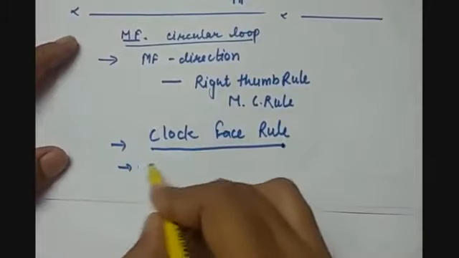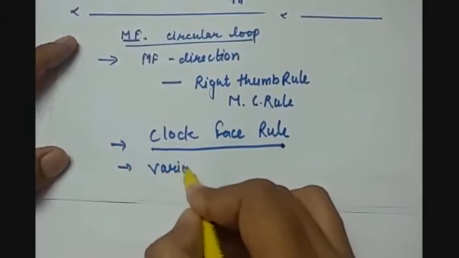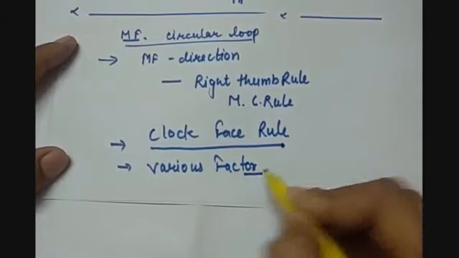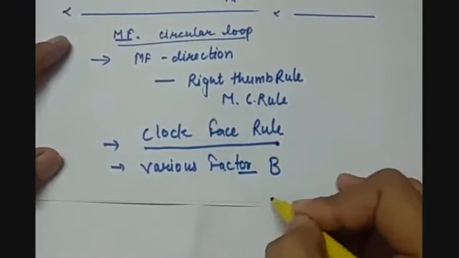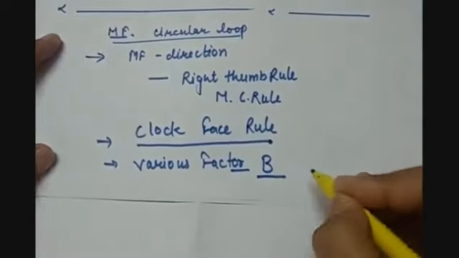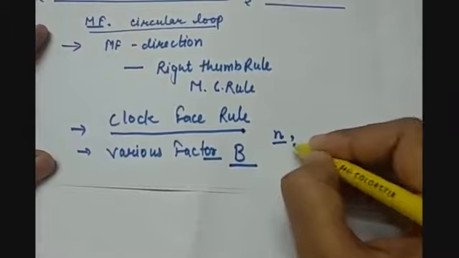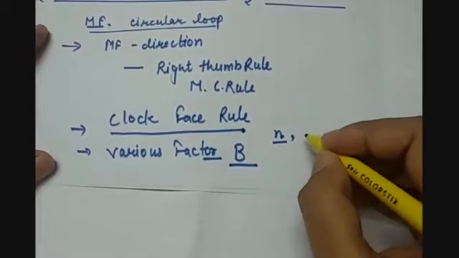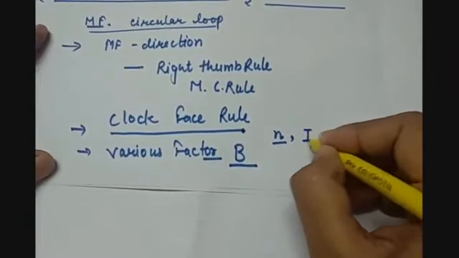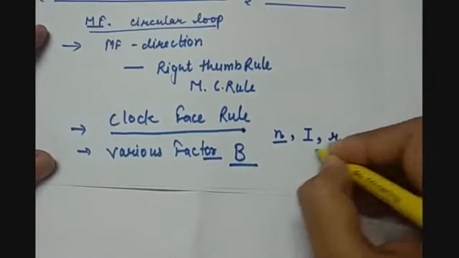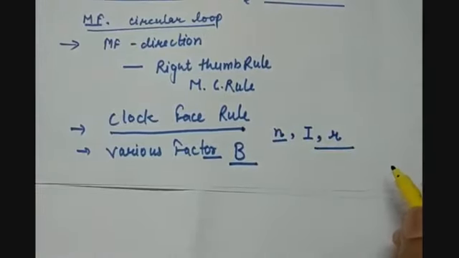Then we have seen various factors on which the magnetic field intensity, or magnetic field strength, depends, and those were the number of turns of the conducting wire, the current flowing in the circuit, and the distance, or the radius of the concentric circles.